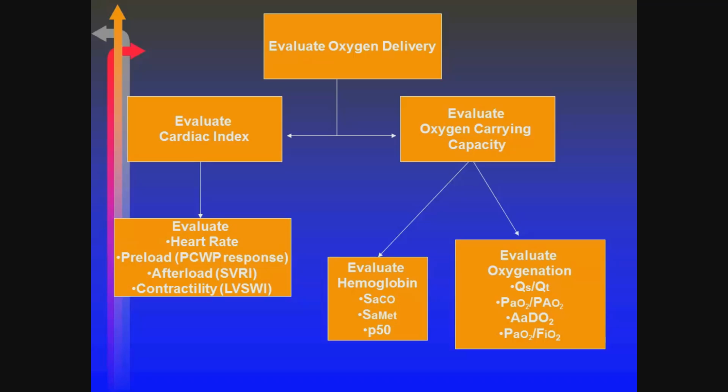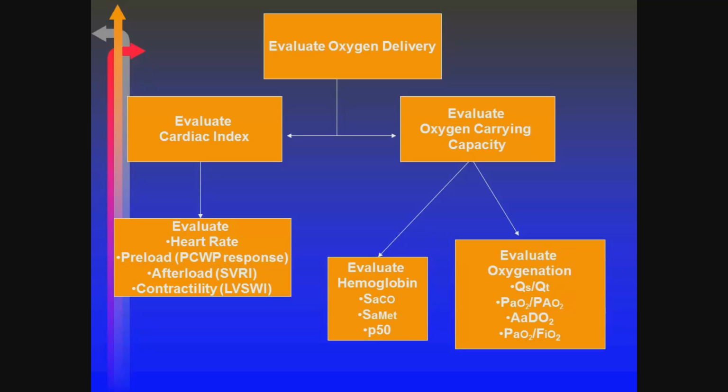And then for oxygen carrying capacity, you want to look at things like the amount of hemoglobin you have, the amount of oxygen, the PO2 saturation, those other non-carrying forms of hemoglobin like carboxy and methemoglobin, and then evaluating oxygenation by looking at all of our oxygenation indices that we just love, right?